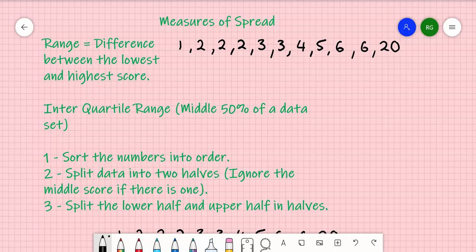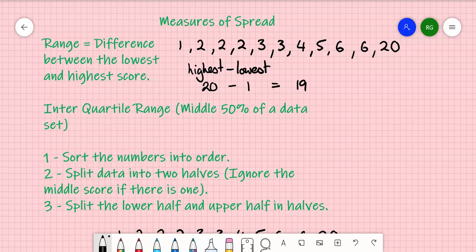So you can determine that by getting the highest number, taking away the lowest. In this case, the highest number is 20, the lowest is 1, therefore the range is 19. So the gap from the smallest to the highest is 19.